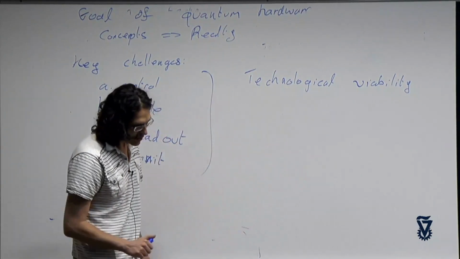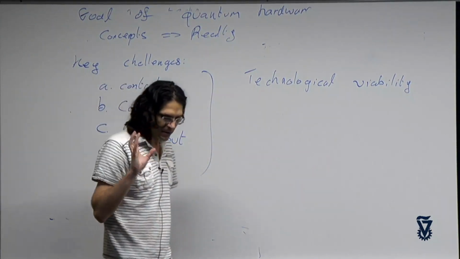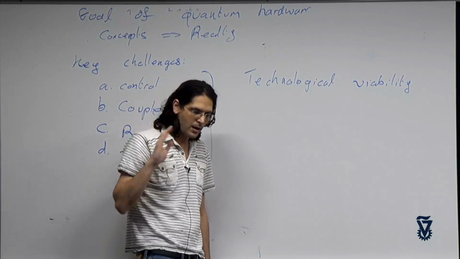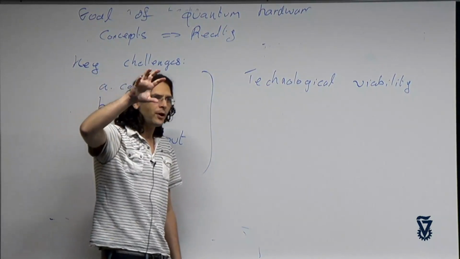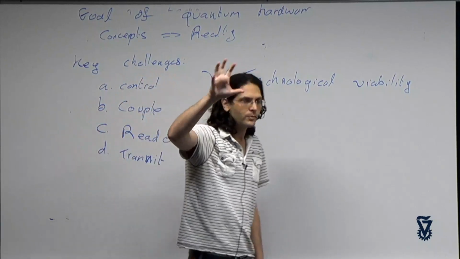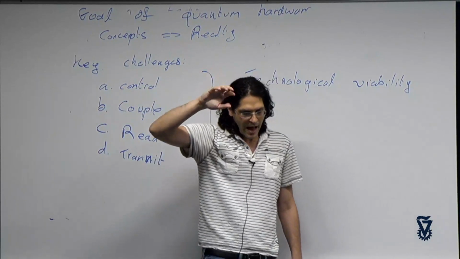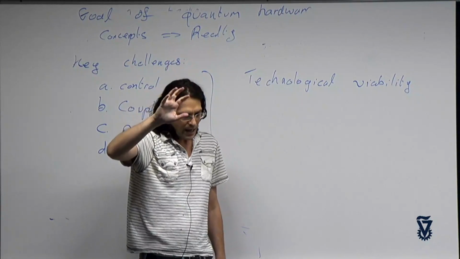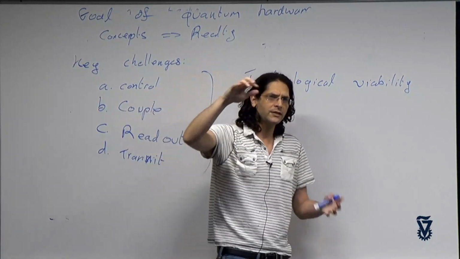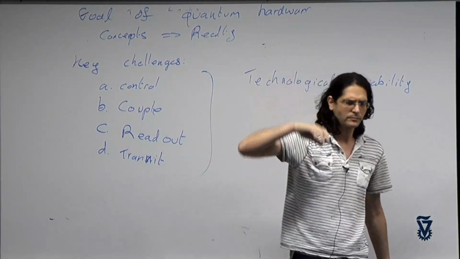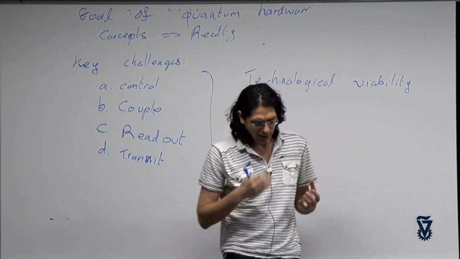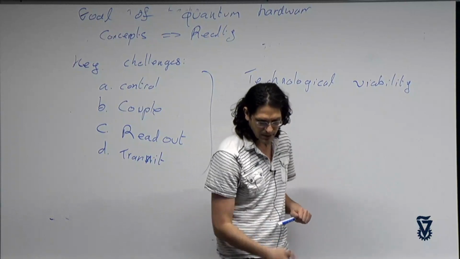So maybe it's a little bit of reiteration, but we'll just repeat this. We're going to be doing quantum information, and the quantum information theory gives us a framework. For example, it gives us the Hilbert space, and that's the framework that quantum information gives us.